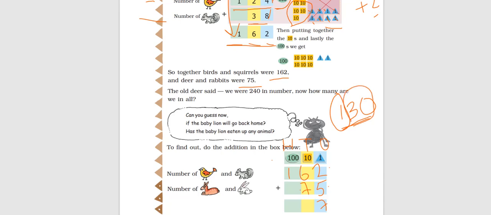So we will put the 3 tens in the tens column, and we carry forward the 100 to the hundreds column. Here is our carry forward. You already have a 1 over here. You add one more 100, you get 200. So you get 237.